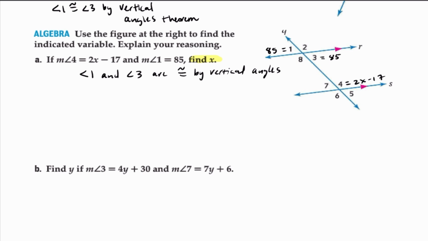And now we can look at 3 and 4 here. 3 and 4 are inside of the parallel lines, and they are on the same side of the transversal. So these two angles, angle 3 and angle 4, are supplementary because of same side interior angles.